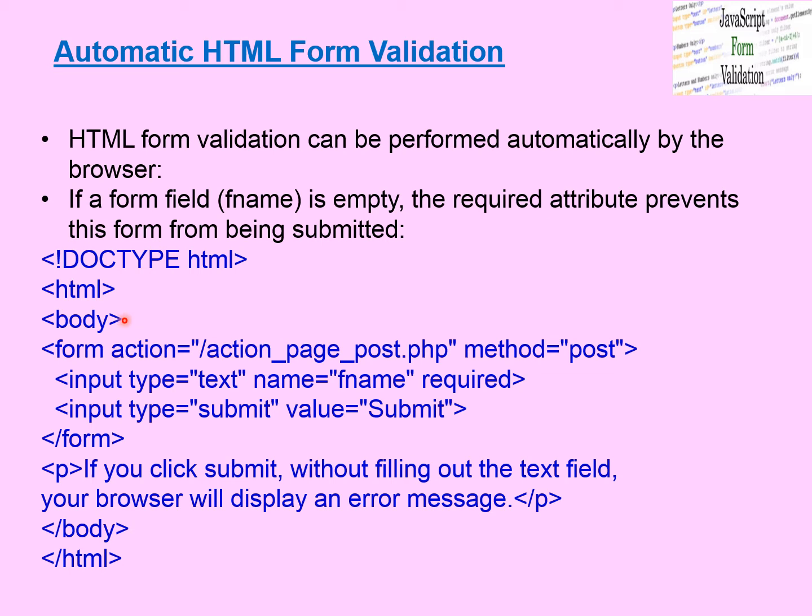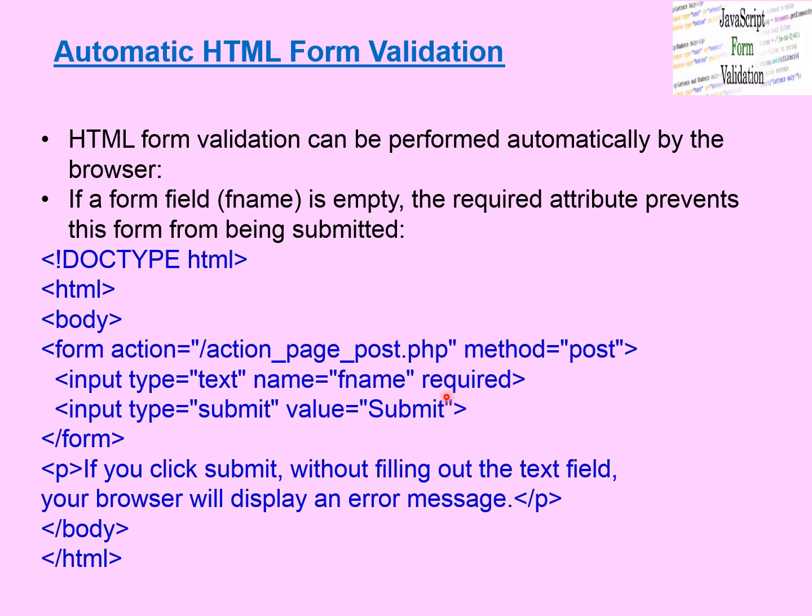Here the HTML is there, the body tag is there, form action is equal to action_page_post.php, then method is equal to post, the same thing. Input type is equal to text, name is equal to fname, and another attribute is specified: required. This required attribute gives a message to the browser that there must be a value in the corresponding fname field. Then only the form submission will work.